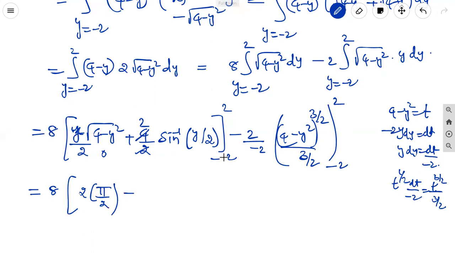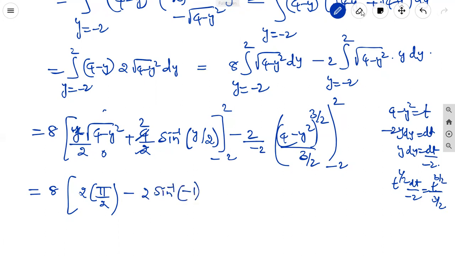The term with minus 2 whole square is also equal to 0. So it is 0 plus, here minus 2, sine inverse of minus 1. Minus 2 whole square means this vanishes, so minus 2 into sine inverse of minus 1.